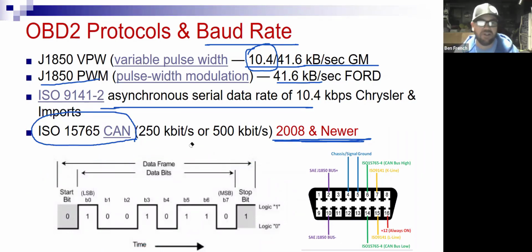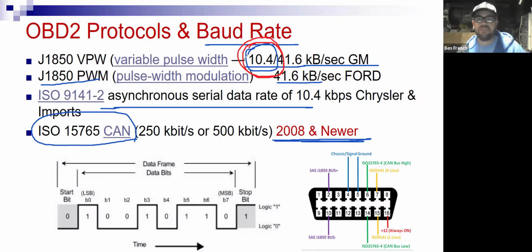If I have a newer car, it's got really fast data transmission back and forth between the scanner and the car. And it works pretty sweet. But on older cars, I'm limited to 10.4 kilobits per second, that's pretty chunky.